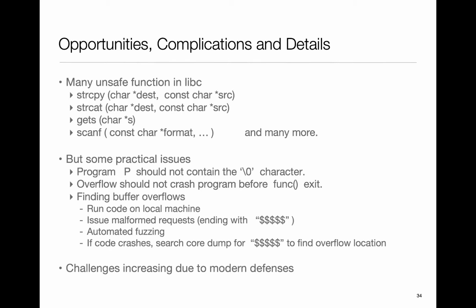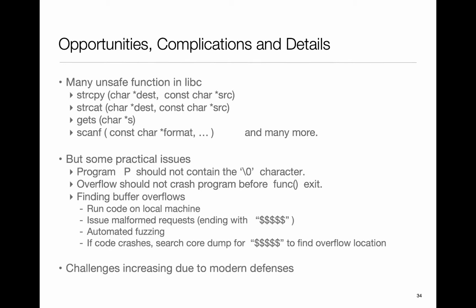That way, when you look at the output, you could see if any other components in the memory are being overwritten. And there are also automated fuzzing techniques, with tools such as Metasploit, that take care of a lot of these techniques and perform this for you. And if the code crashes, for example, you can search the core dump for your injected malformed request to find the overflow location.